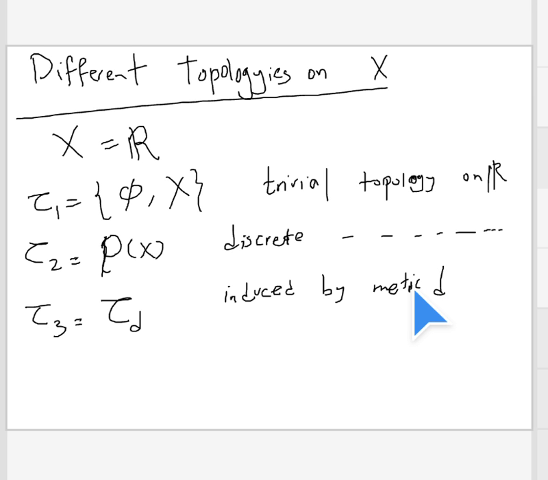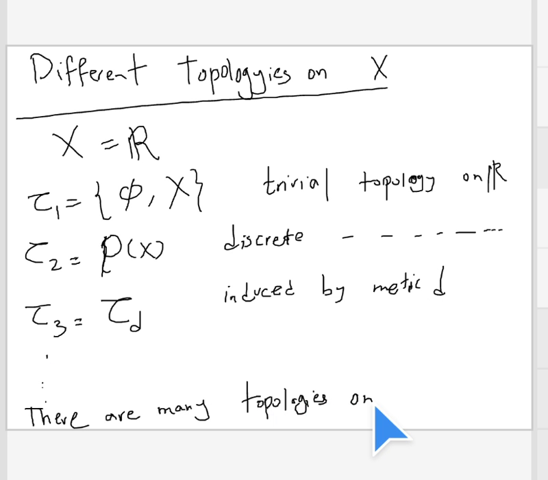You see that there are many topologies on a set.